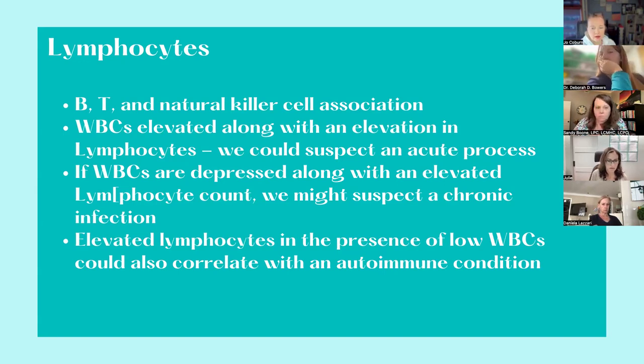And then another pattern that you might want to keep in mind is that elevated lymphocytes in the presence of low WBCs could also correlate with autoimmune conditions. So low white blood cells, but elevated lymphocytes could be chronic, right? Because low white blood cells indicate something that's more chronic. So even if lymphocytes are up, it could be chronic.